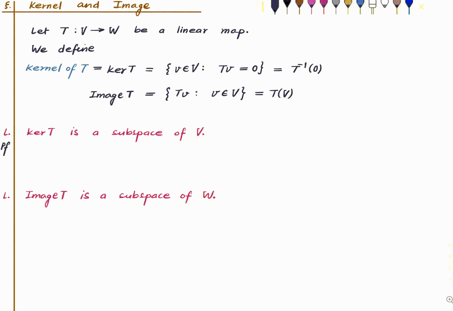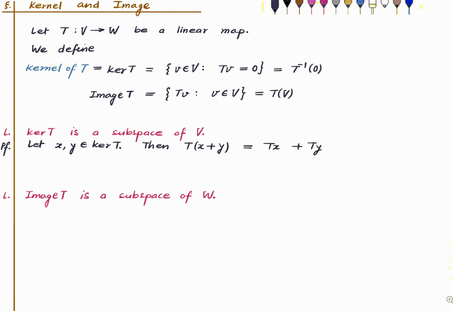One just needs to check the addition and scaling property, meaning that kernel of T is closed under addition and closed under scaling. Let me check closed under addition, and closed under scaling can be left as an exercise. So let x and y be in the kernel of T. Then what about x plus y? By linearity, we have T(x plus y) equals T(x) plus T(y).